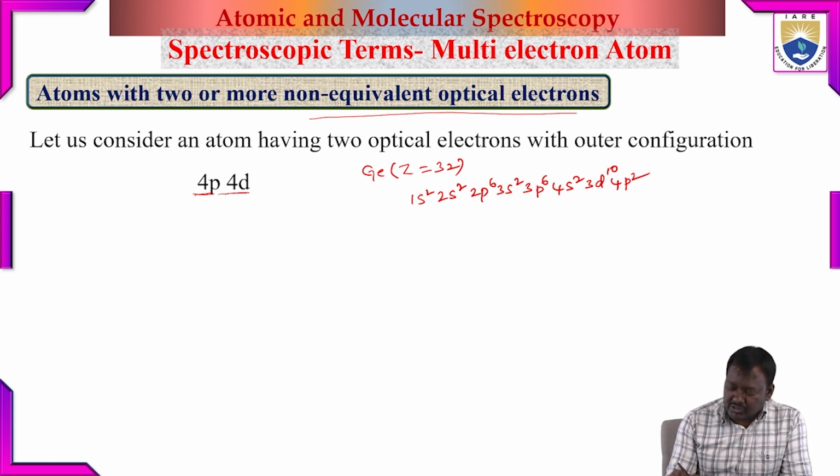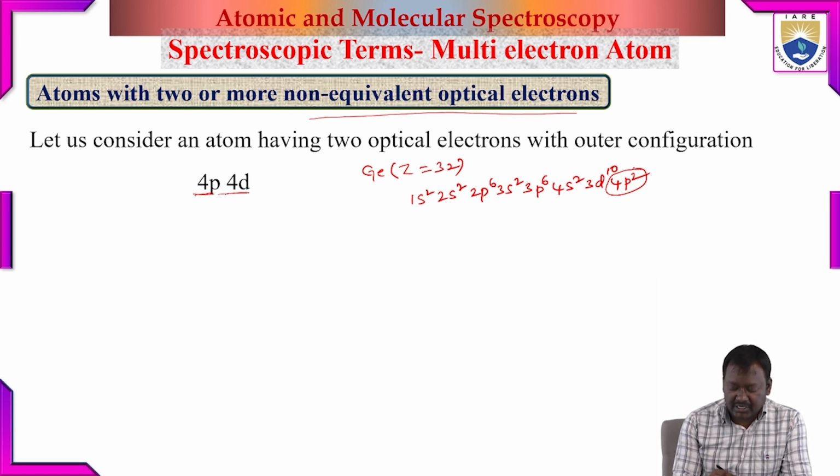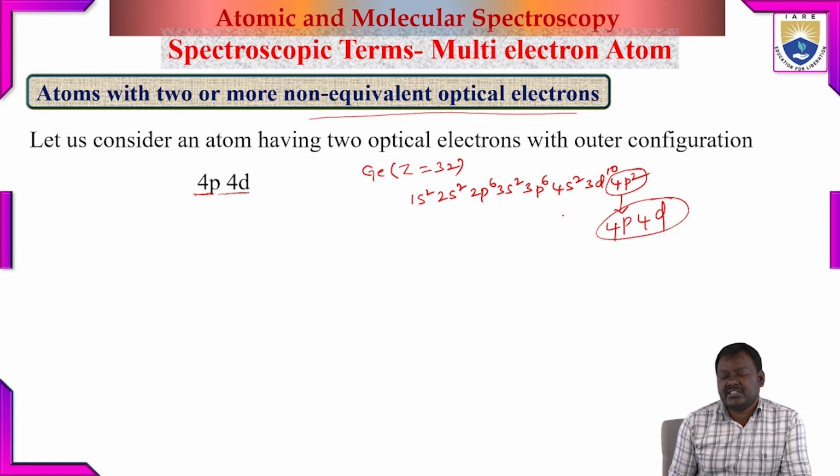The outermost electron configuration is 4p2 for the ground state of the germanium atom. But whenever one electron jumps to the next subshell, it becomes 4p 4d. That is one of the excited states of the germanium atom.